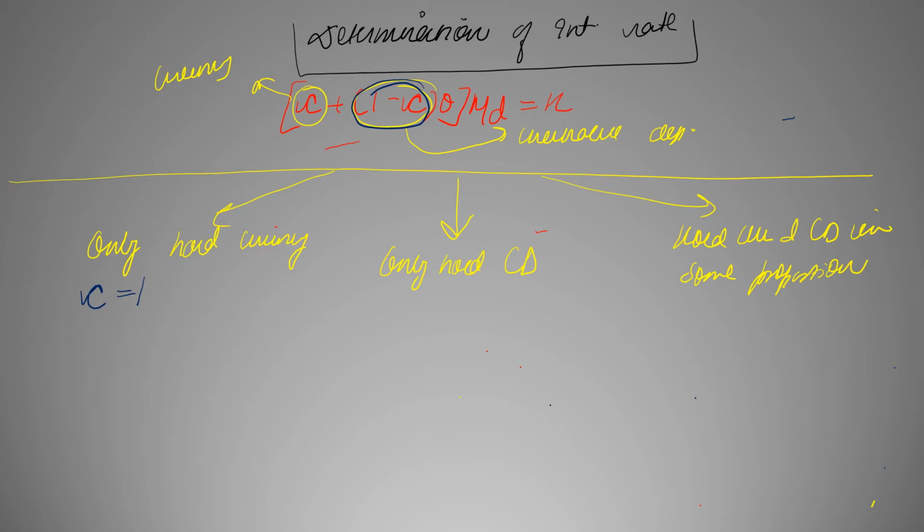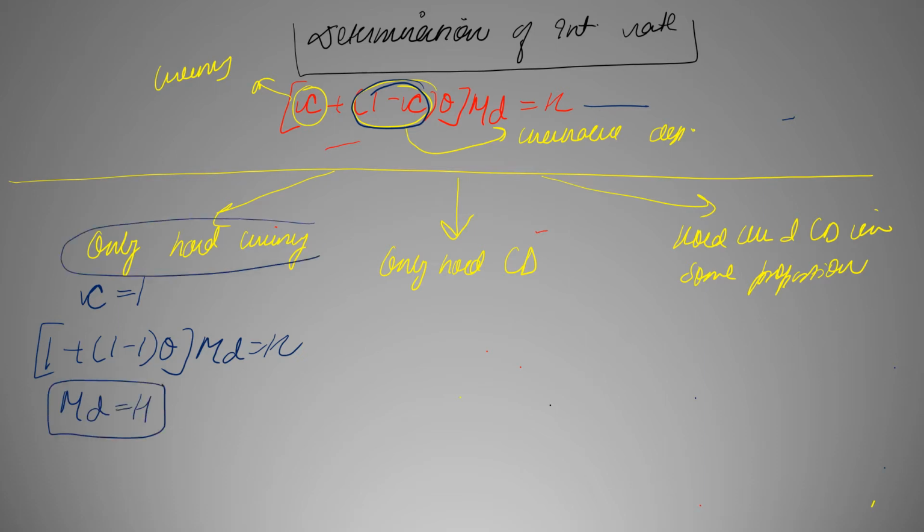So putting C is equal to 1 in this equation, we get 1 plus (1 minus 1) theta MD is equal to H. So we get MD is equal to H. So in this case, our interest rate will be determined at the level where money demanded is equal to supply for CBM.